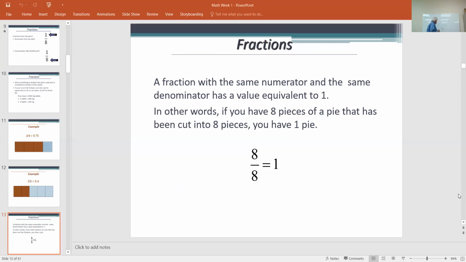Now, another principle is, if you multiply or divide the numerator and denominator by the same factor, the fraction remains equal. It's an equal fraction. So, for instance, 2/5, if we multiplied each of the numerator and denominator by 2, we'd come up with 4/10. Those are exactly equivalent fractions, because if we take the 2 out, we still have the 5/5.